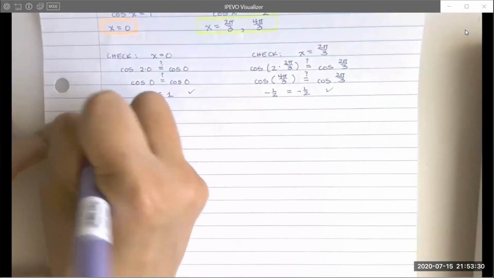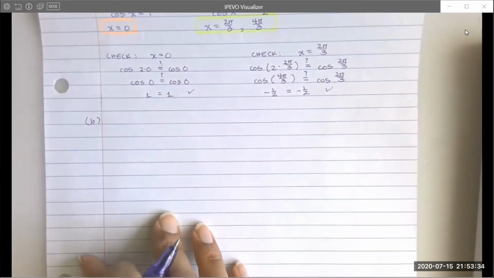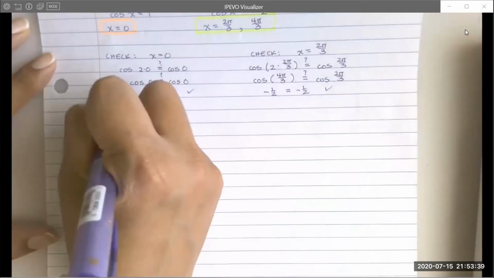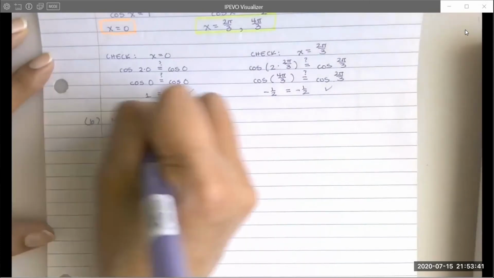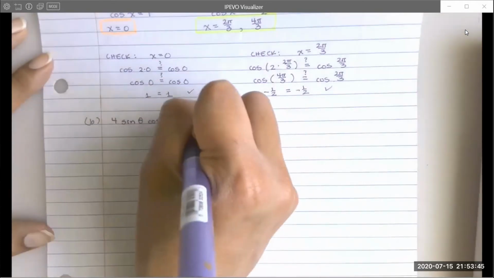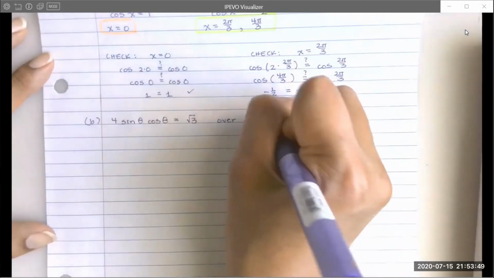Okay, part B. Part B for example 5 is asking us to solve 4 sine theta times cosine theta is equal to square root of 3 over the interval 0 to 360.